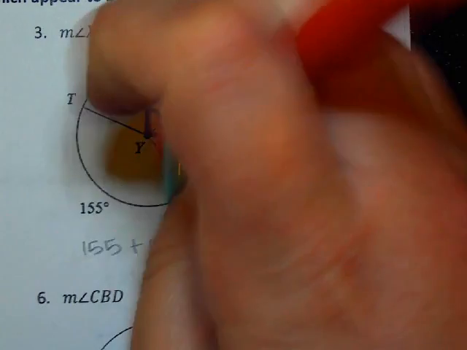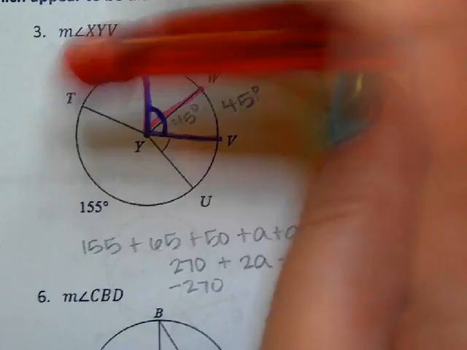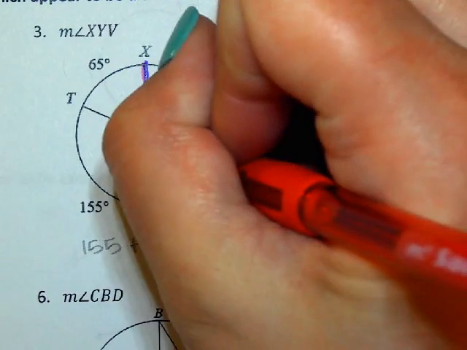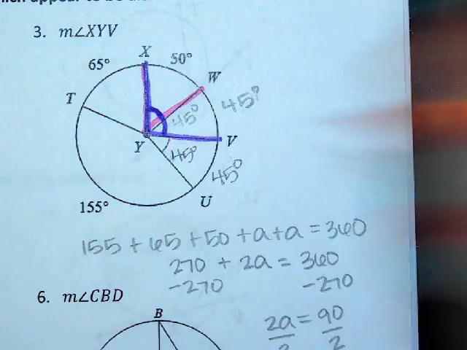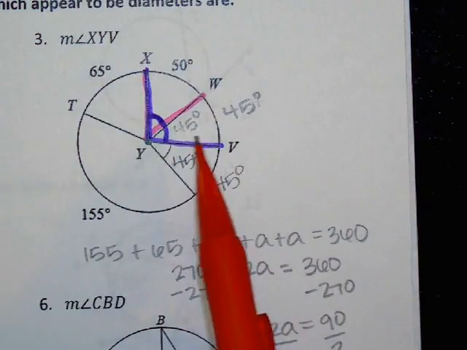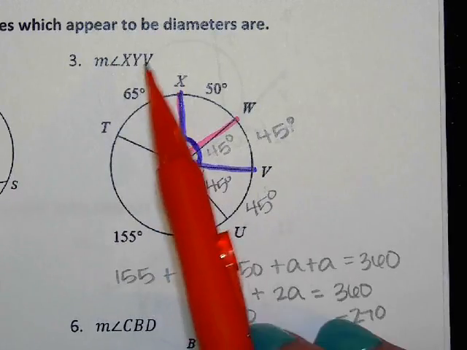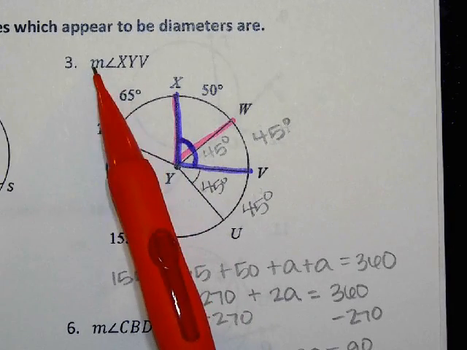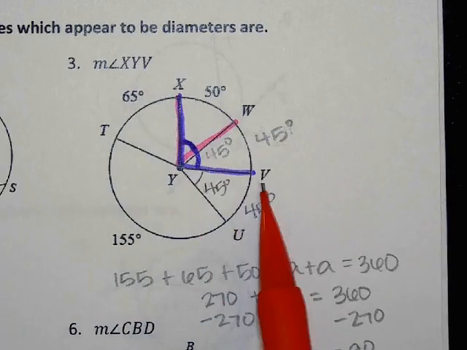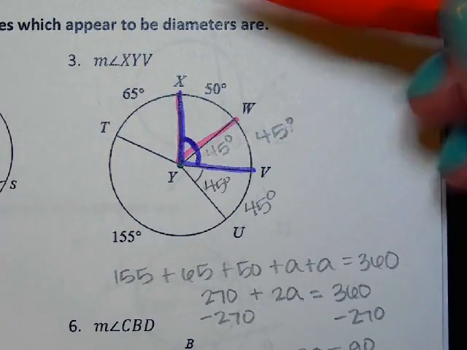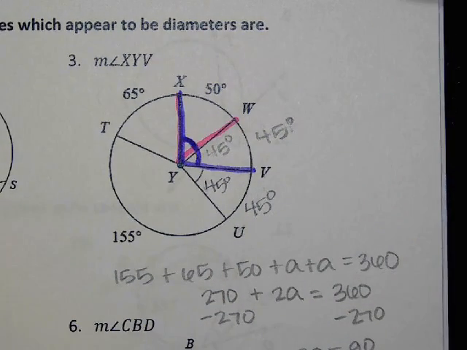And then the angle and the arc, 45, 45. Okay. So now we can go back to the original problem and see what that was asking. It said the measure of angle XYV. XYV, now that I know my alphabet. So what would the measure of angle XYV be?